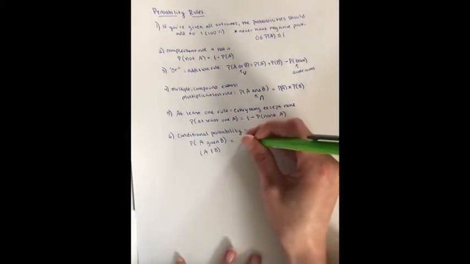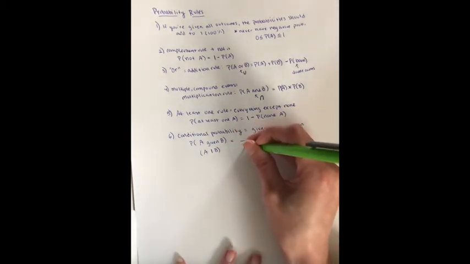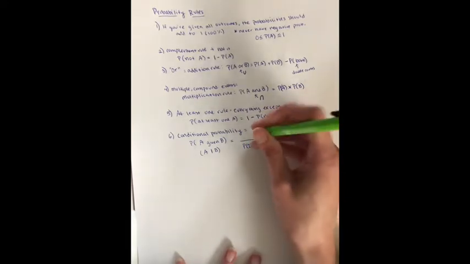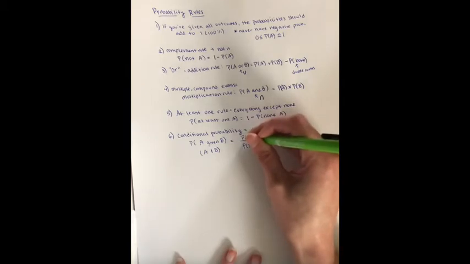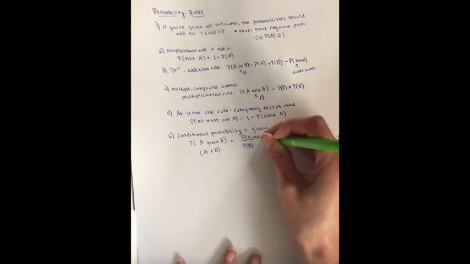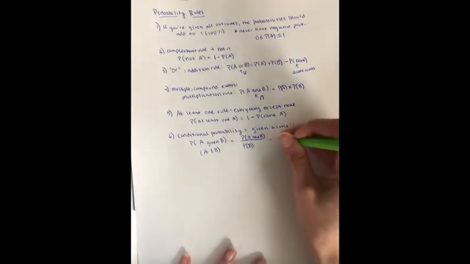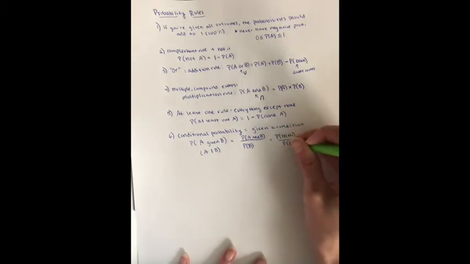That is the same as saying, okay, given B, that's our denominator. We know we're only looking at the B's. What's the probability of also A? So we would put A and B on the top because we know B has to be true. So you could write it as P of both over the given.